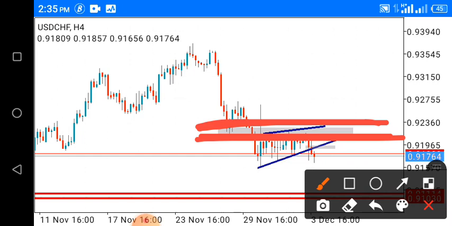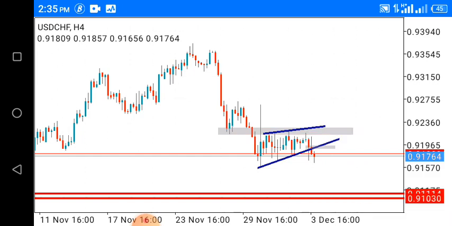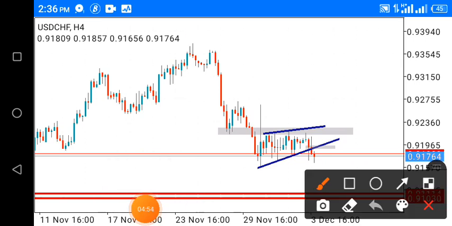So the first thing is identifying my trend and also identifying my structure, if a structure is broken or if it is about to be retested. We can see that the trend is making lower lows and lower highs.